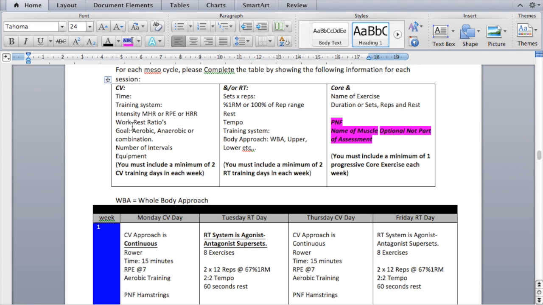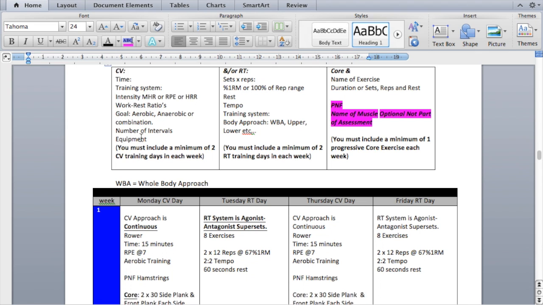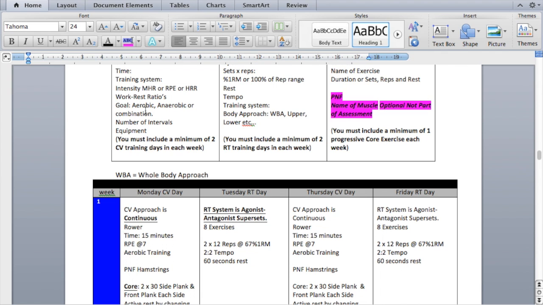If you're doing interval training, you need to tell us the work to rest or recovery ratios. And in an ideal world, you'll tell us whether this workout is aerobic or anaerobic, or possibly even a combination of the two. Also, we need to know the number of intervals if it is an interval session, and the piece of equipment that you plan to use.